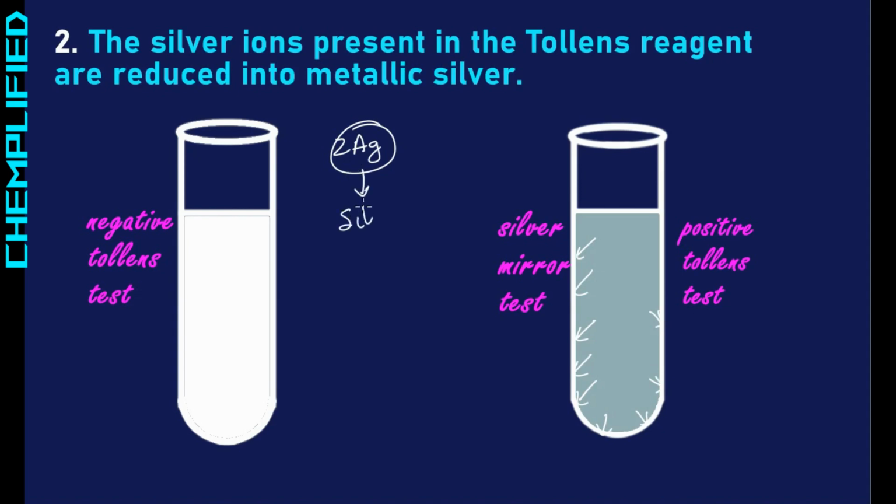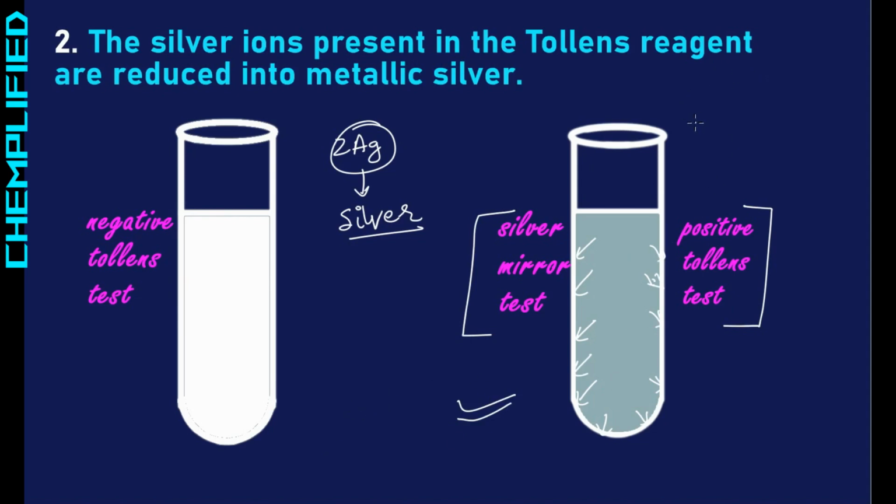This is silver. Silver has a silvery appearance and it sticks to the walls of the container. When it sticks to the walls of the container, you will see the reflection of light on the walls. This is what we call silver mirror test. This is your silver mirror test and it is also your positive Tollen's test. That's how Tollen's reagent works.